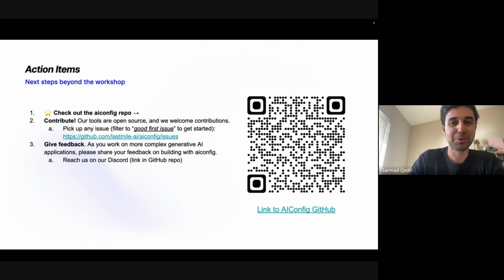You'll probably see if you go there, there are dozens of PRs open, and I think over 100 GitHub issues. Several of them are tagged as good first issues. So if you're looking to contribute, you can start with that, and it would be super helpful for us as well, because we're just looking to improve this and get feedback on making this as useful as possible for developers who are trying to productionize generative AI applications.